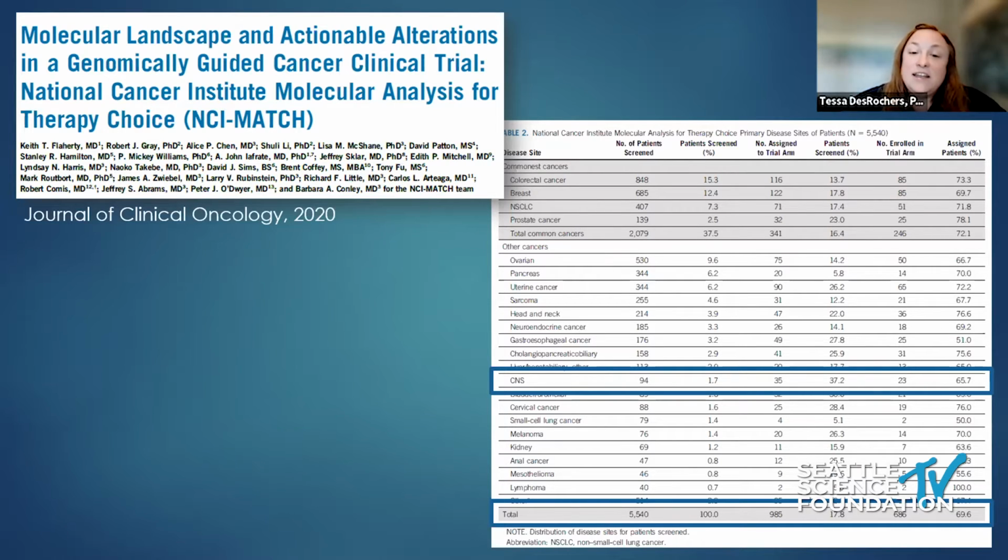Now, what I'm not going to get into is how successful those trials were, aside from saying that most of them were not overly successful, with maybe 20 to 40% response rates. So a lot of patients, while being assigned to a trial based on a mutation that should have been affected by a targeted therapy, did not actually see a lot of benefit from that therapy.